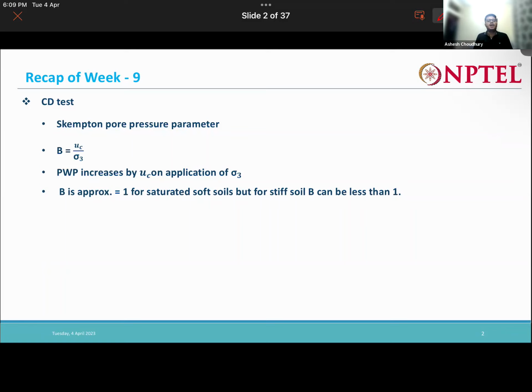We will be applying the all-round cell pressure, which will result in a minor principal stress sigma 3 developing all around the sample, and we will allow our soil to consolidate under the cell pressure.